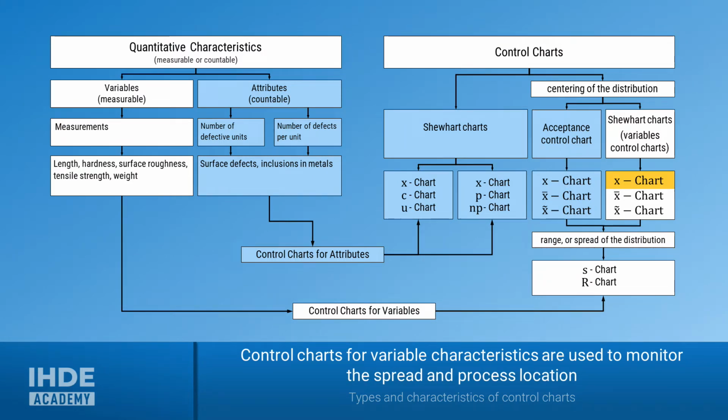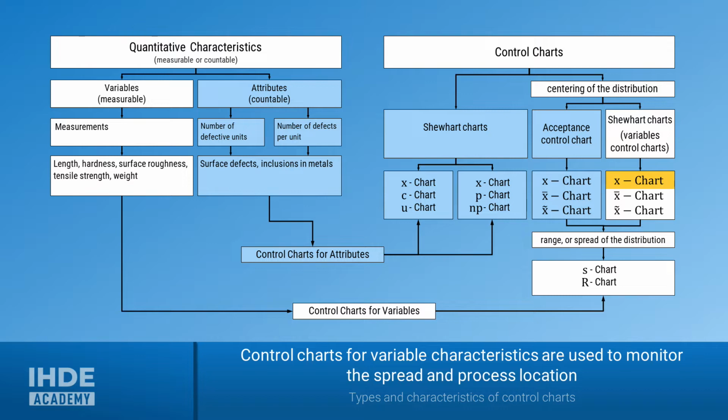These are all characteristics that can be measured. They always have a value and a unit. Examples of this would be the length, hardness, weight, surface roughness, or tensile strength of a component. Second, there are the attributive characteristics. Those are all characteristics one can only count, but we don't want to go into detail about them here.